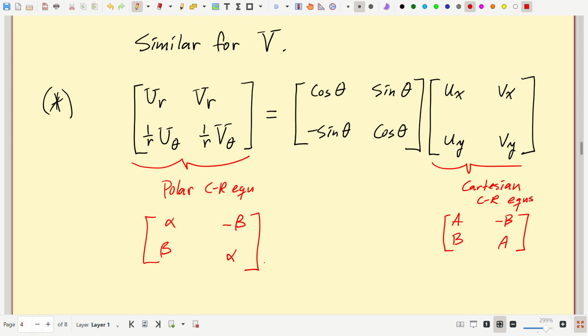And this thing is the same kind of thing, A, B, minus B.